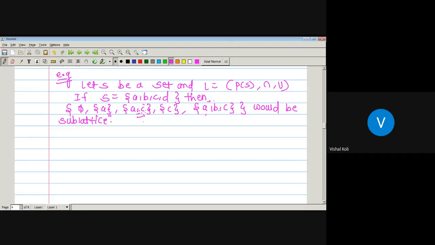Now we will take one example of a subset of S which is not a sublattice.